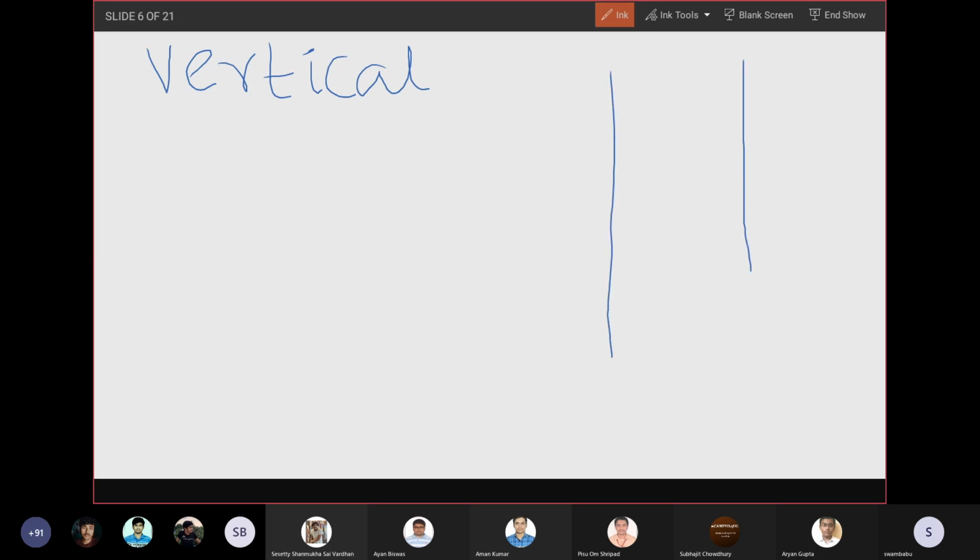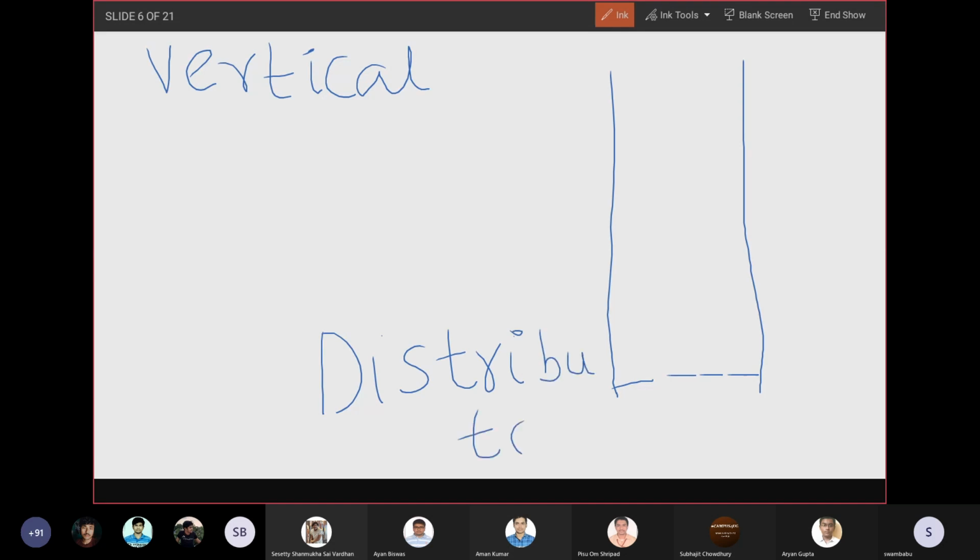So this is a vertical pipe. Here we have a plate, usually called a distributor plate.